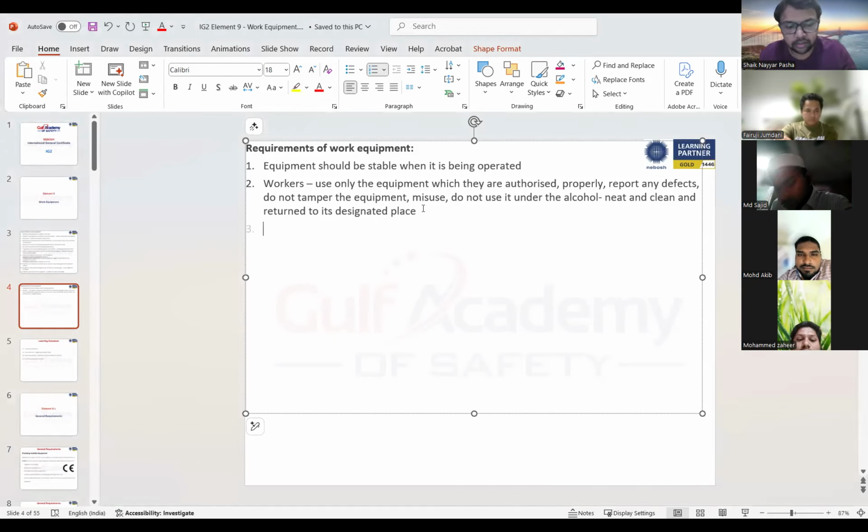And the employer, the organization, should develop safe systems of work, or if it is a high risk activity, make sure there is a proper permit to work system. Install signboards, and the equipment should also have labels and instructions: only authorized people, do not overload, switch it off. So these labels should also be installed on the equipment.